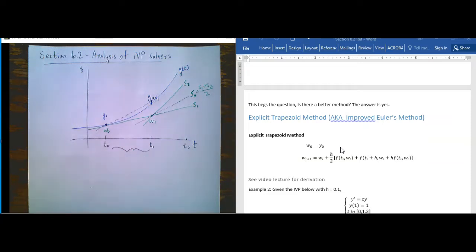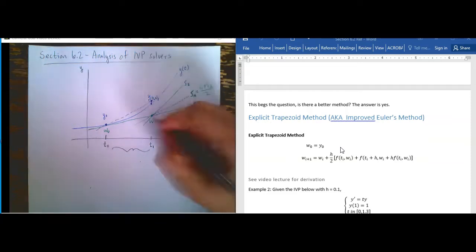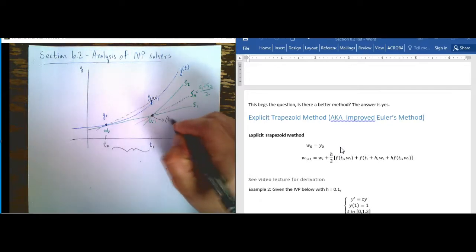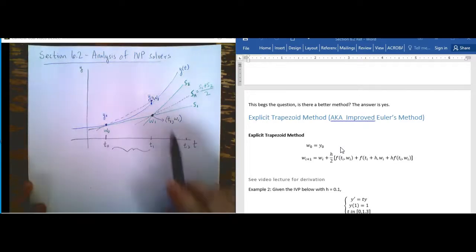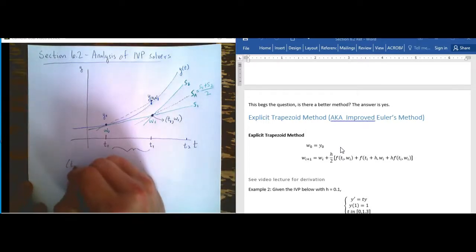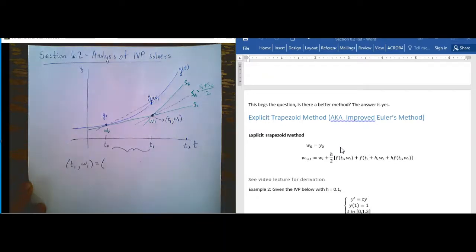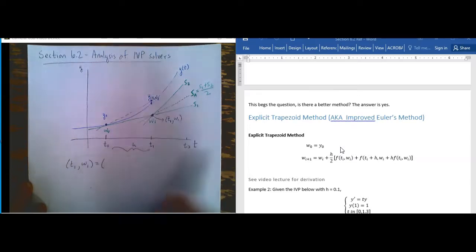So let's just get some preliminaries here. We know that this point right here is T1, comma W1, right? Well, T1, comma W1 can be rewritten. We know that this distance here is h, so T1 is just T naught plus h.